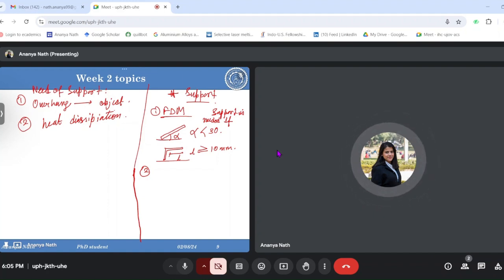It may happen that for VAT photopolymerization, the angle alpha needs to be less than 50 degree, and if the length L is more than or equal to 20 millimeter.